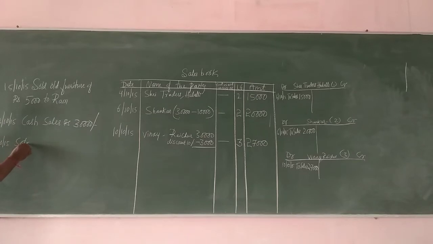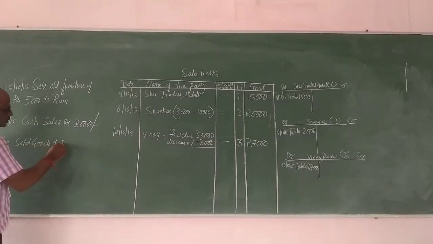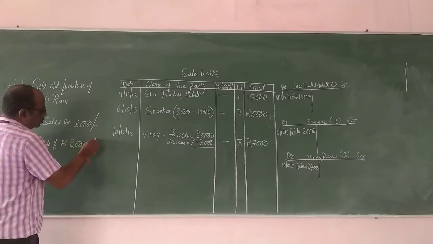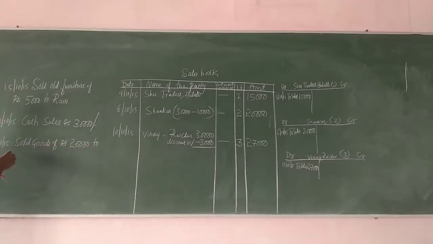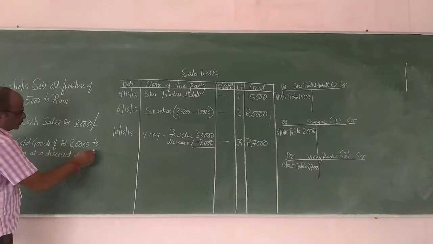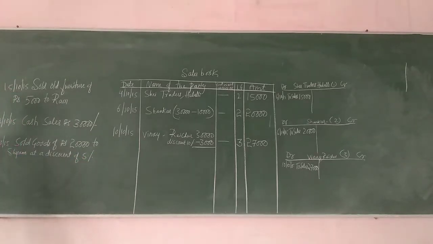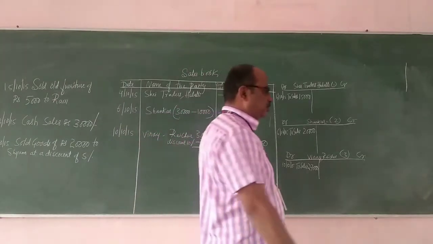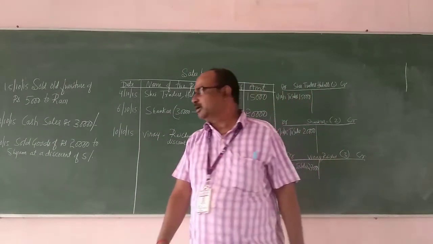Sold goods of rupees 20,000 to Shyam at a discount of 5%. So this is one transaction.